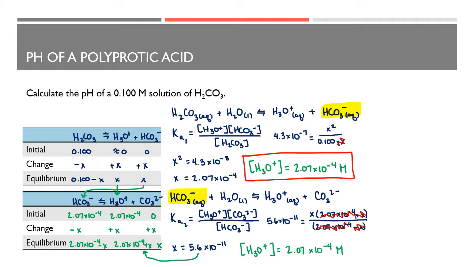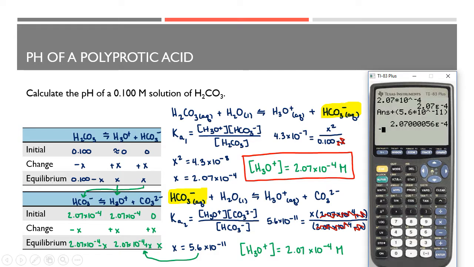The second one or even the third one aren't going to be removed enough to really impact that hydronium concentration or change that pH very much. So ultimately, unless you're dealing with lots and lots of significant digits, if you're only out to 3 significant digits, you're probably not even going to feel the effect of that extra hydronium being created.